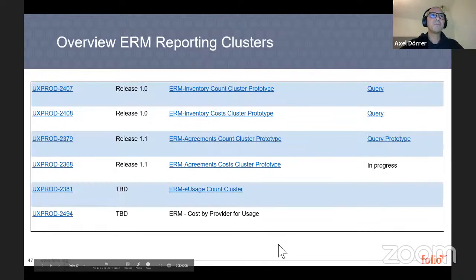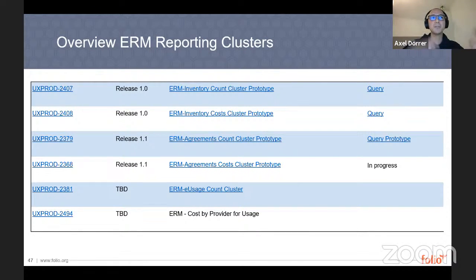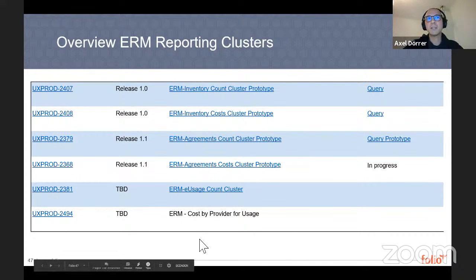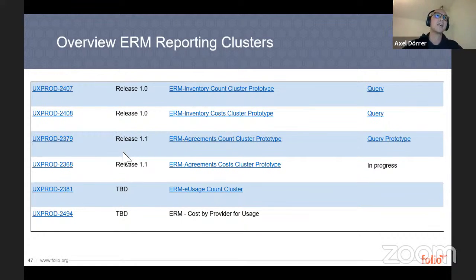So, as the other groups have clustered their reporting issues into several clusters, we did that too. As you see here, we have at the moment 6 clusters, and we have attached them to the several releases of FOLIO Analytics.